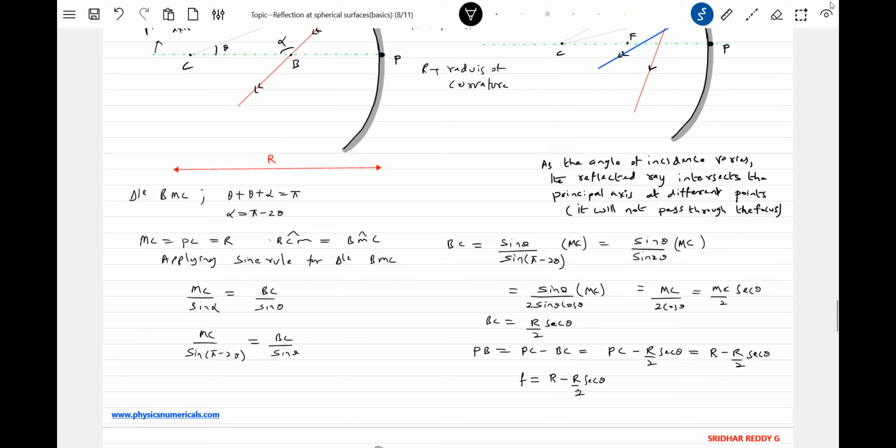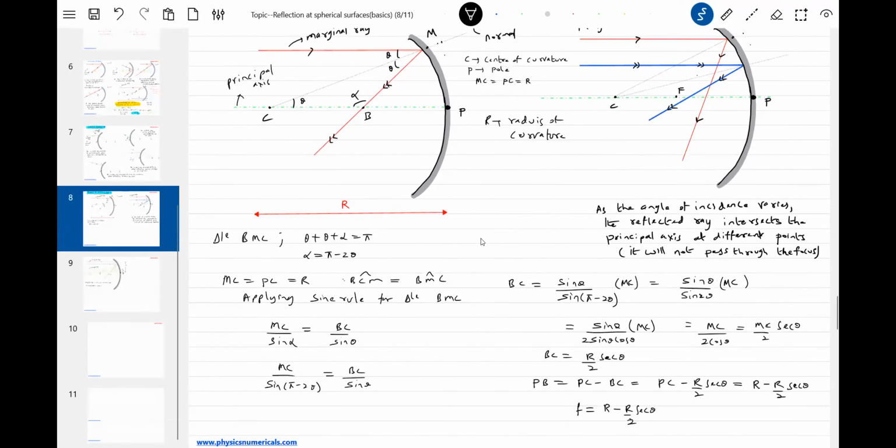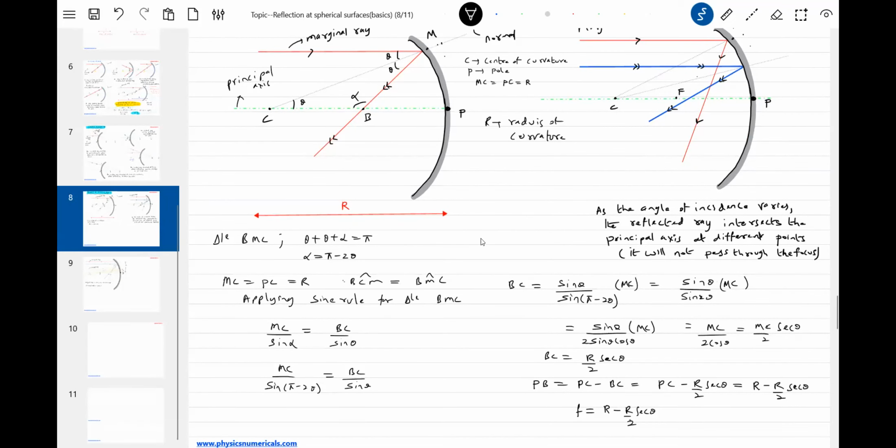Look at this very important diagram, for different values of angle of incidence. You can see here, what is the angle of incidence here? It will be theta 1. And here, theta 2.